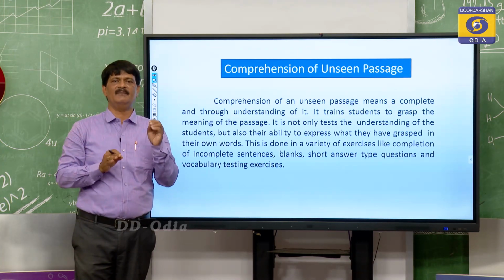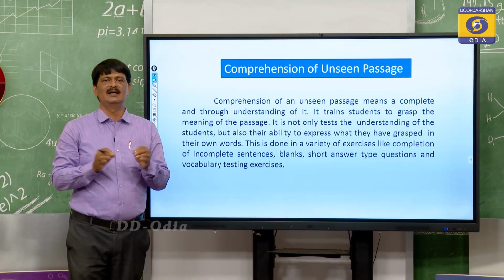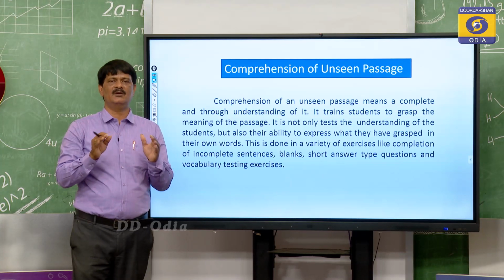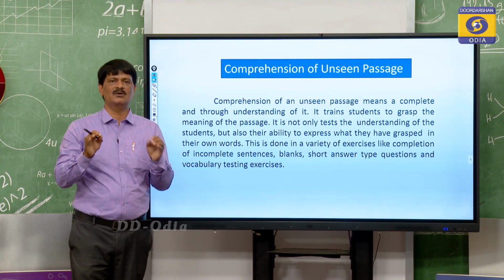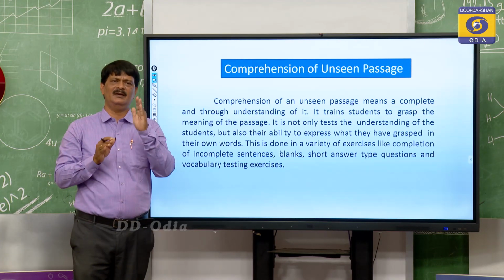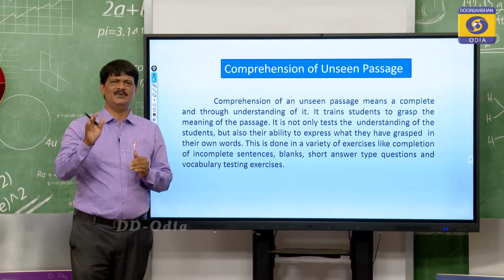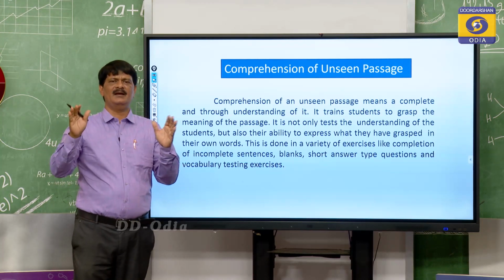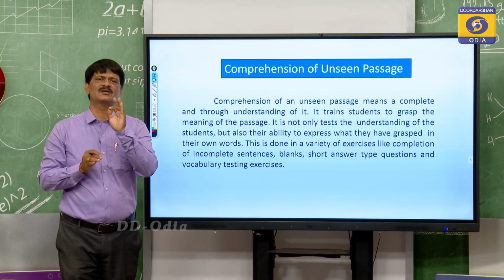This is done in a variety of exercises like completing incomplete sentences, fill in the blanks or short answer type questions, in very varied ways. But in the examination, the HSC examination, it is very easy to attempt. It is not in a variety, it is only the short answer type.